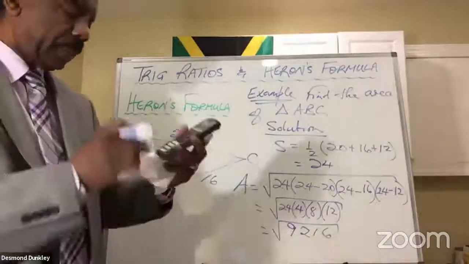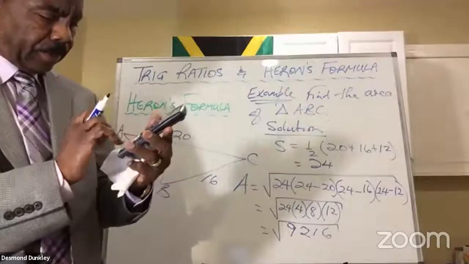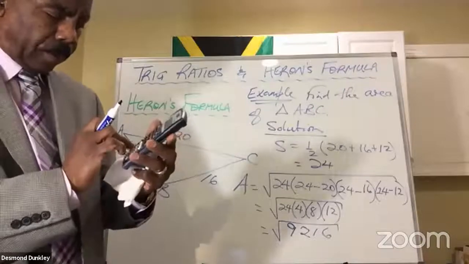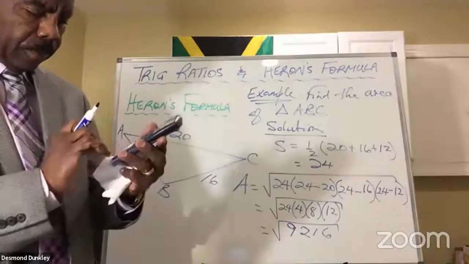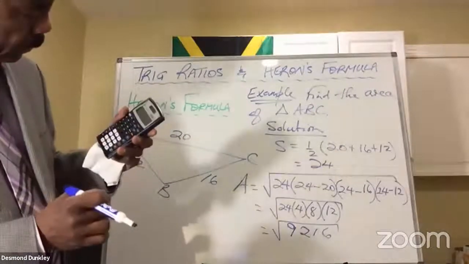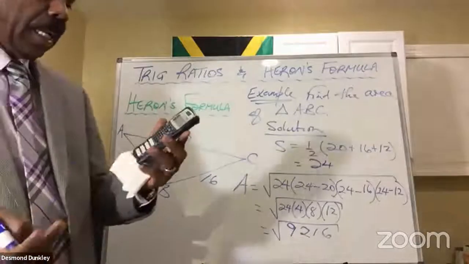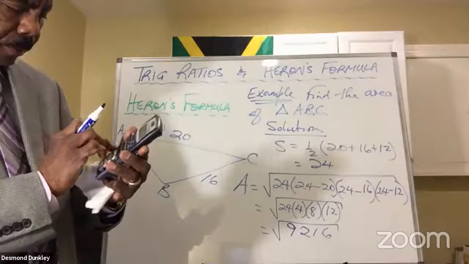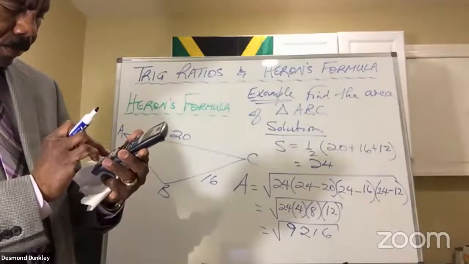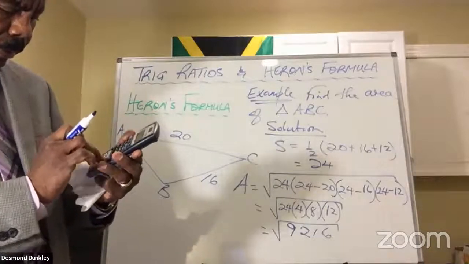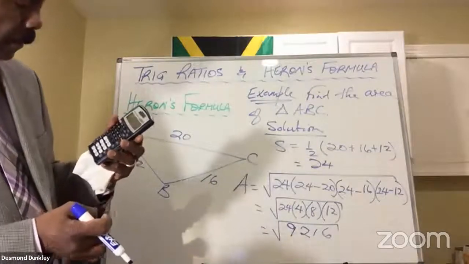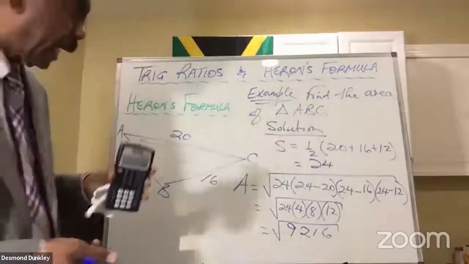So we go 8 times 12 is 96 times 24 times 4 equal to 9216. And now I need to find the square root of that. So it's square root of 9216, and I get 96. According to this, I'm getting 96.